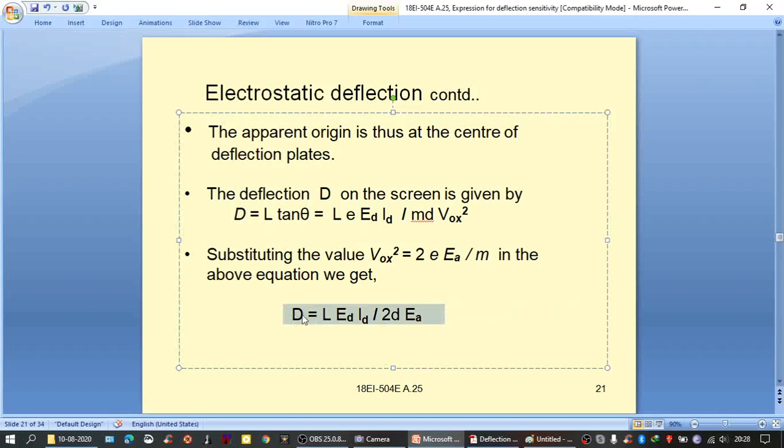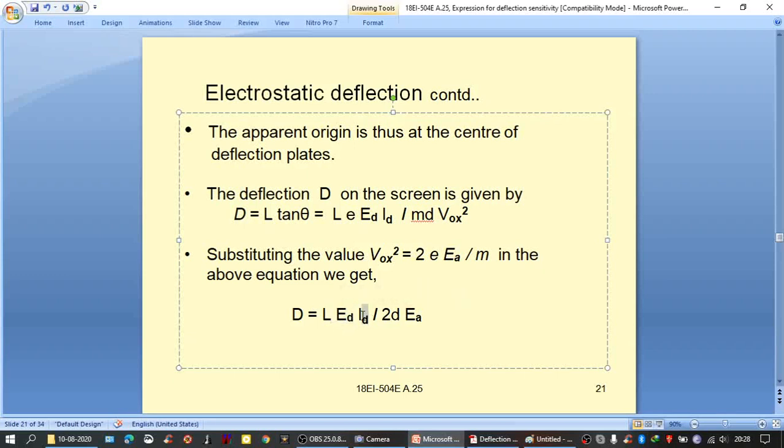So the deflection on y-axis after a large number of manipulations, we arrived at the expression D, the vertical deflection of the electron beam on CRO screen, is equal to L, that is the distance between center of vertical deflection plates to the screen. Ed is the potential difference applied across the vertical deflection plates.